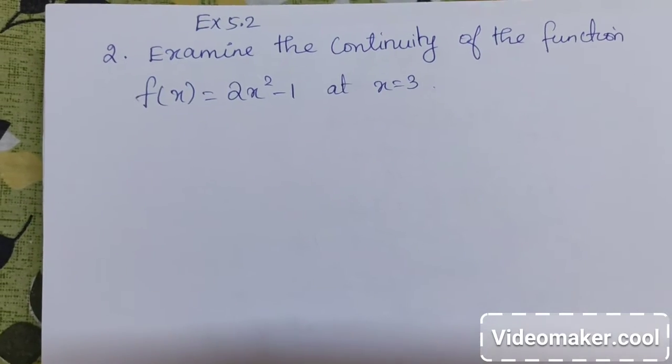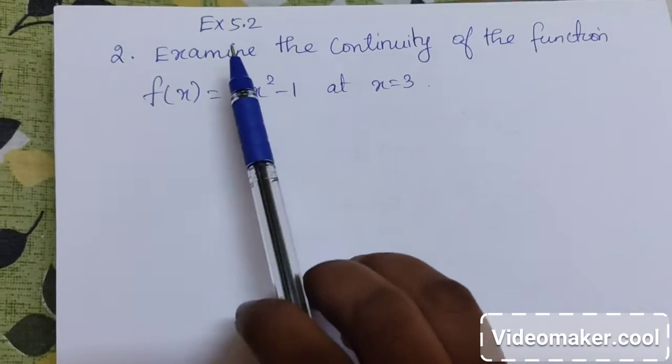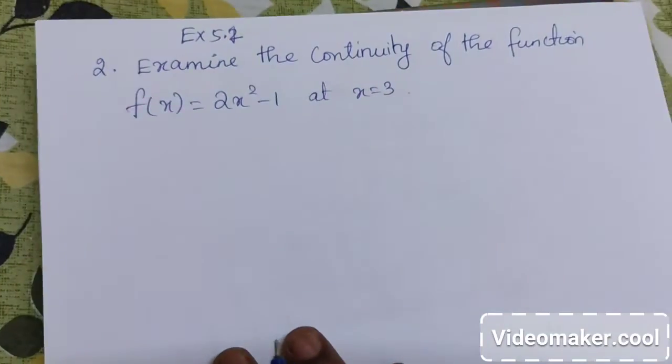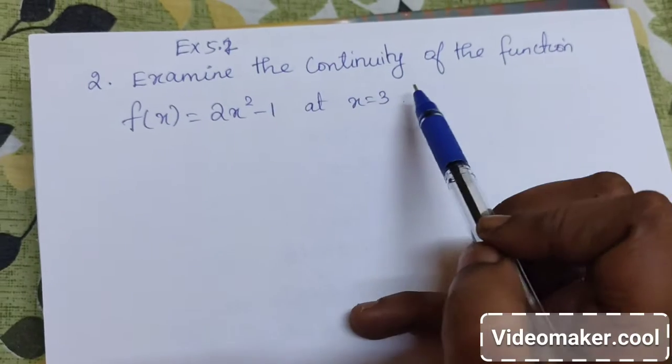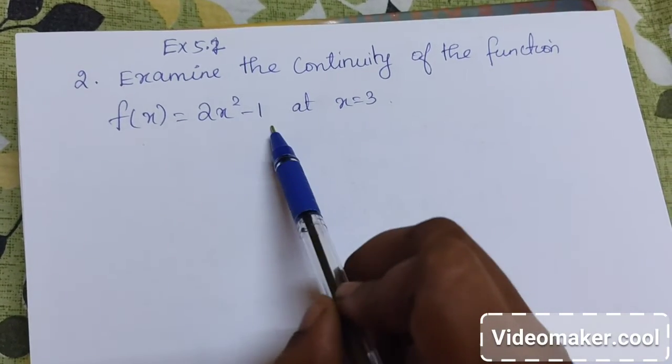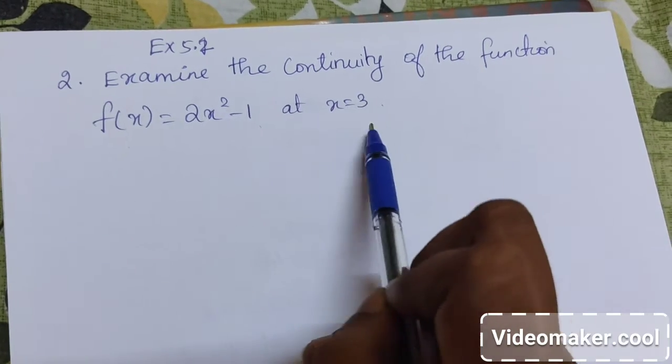Vanakkam one and all. In the second problem of exercise 5.1, we will examine the continuity of the function f of x is equal to 2x square minus 1 at x equal to 3.